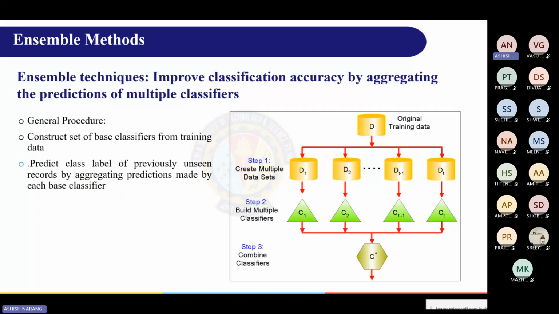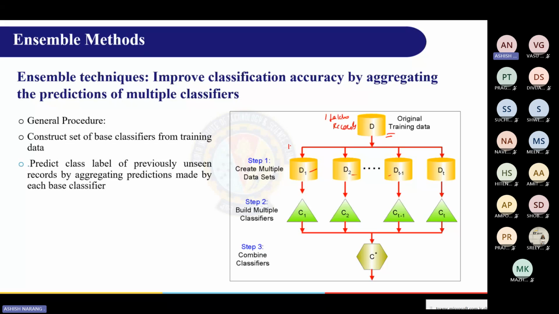Now this is a simple diagram which explains the ensemble technique. So we are going to improve the classification accuracy, but how? By aggregating the predictions of multiple classifiers. So how do we do that basically? I have my original data set, which might have 1 lakh records. And let's say there are 10 classifiers I want to make.